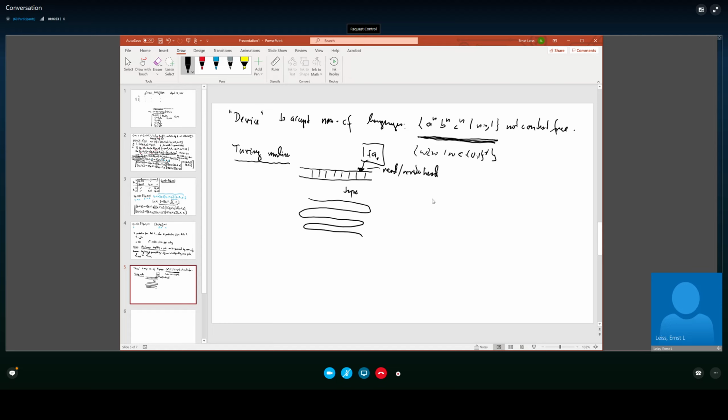It can do whatever it wants. There is no restriction on the way in which the read-write head can move around. Otherwise you would have a stack, and we've already established that that is certainly not going to be used for a to the n, b to the n, c to the n, for non-context-free languages.